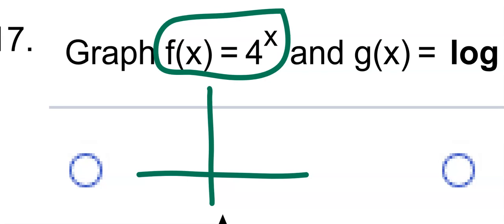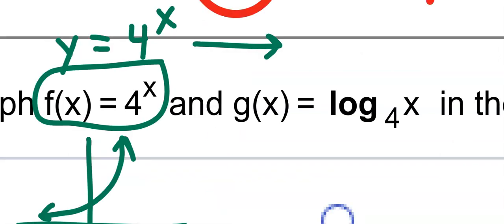Well, what we want to talk about is the inverse. Now, we have described it already. We looked at rewriting something. In fact, if we went through the same process and we said, okay, so we've got y equals 4 to the x, and we wanted to change it to its other form, right?